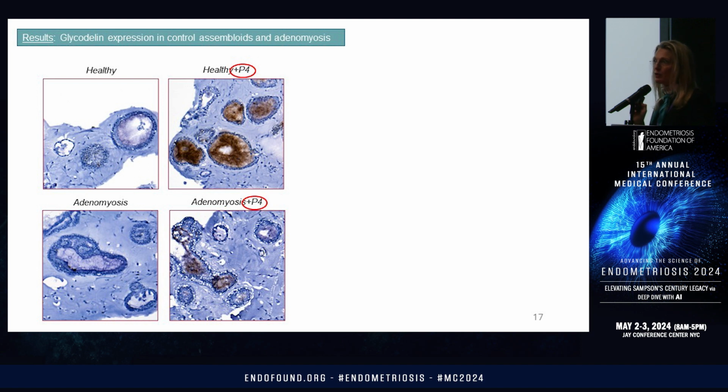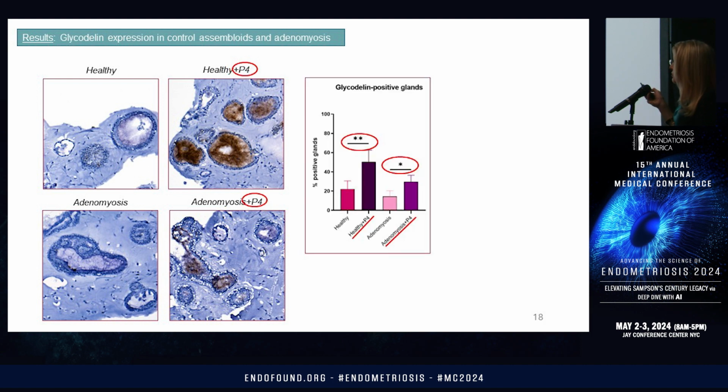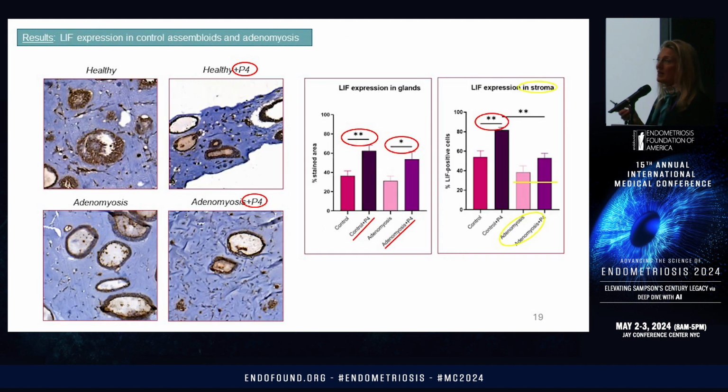We will go through these 3 markers rapidly, starting with glycodelin. You see a significant difference after progesterone response between healthy and healthy plus progesterone in the glycodelin-positive glands, and the same with the adenomyosis assembloids. They do respond to this stimulation with progesterone.